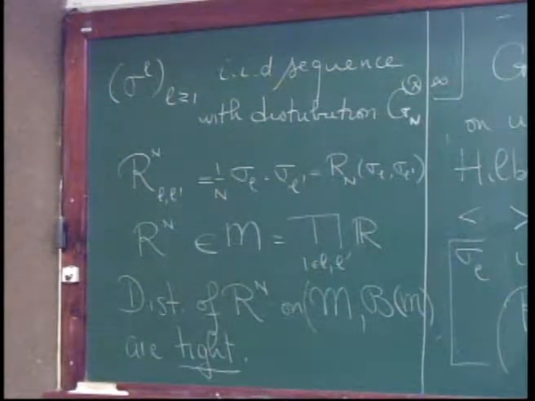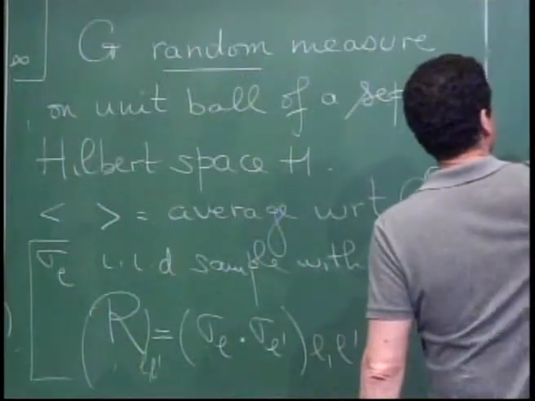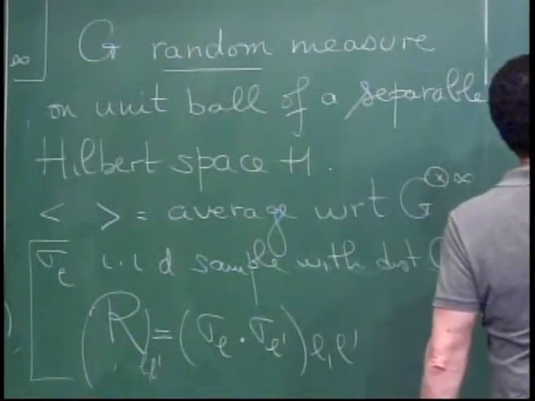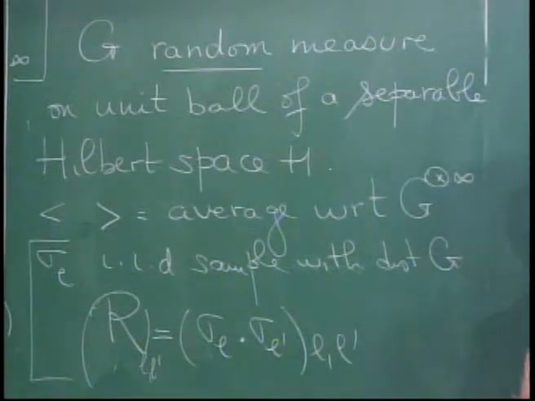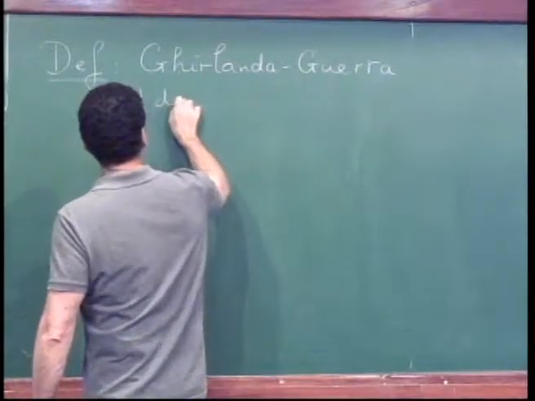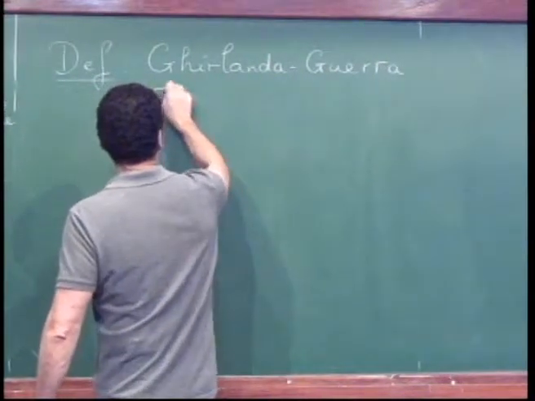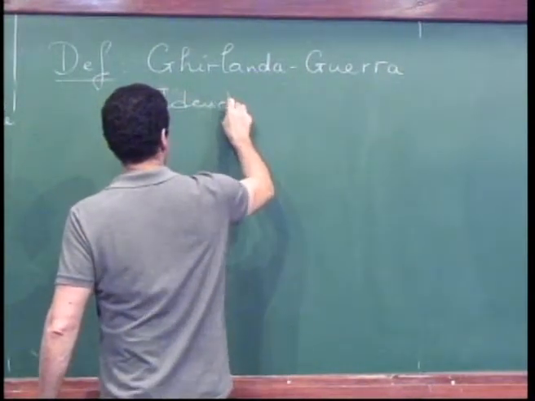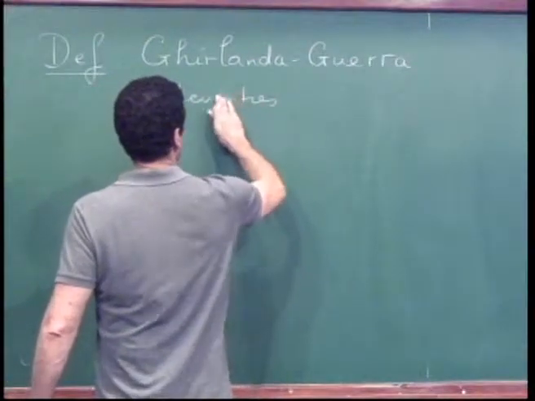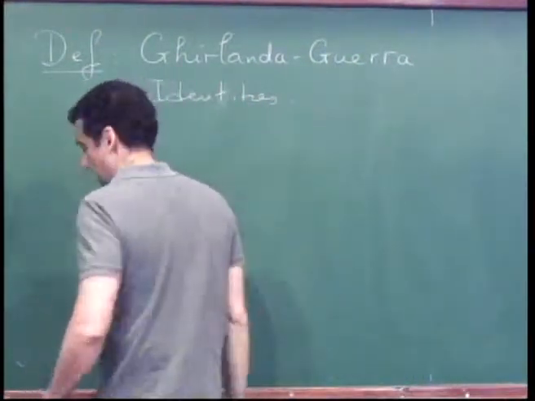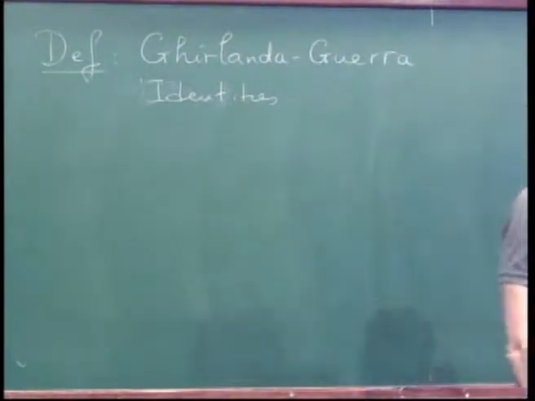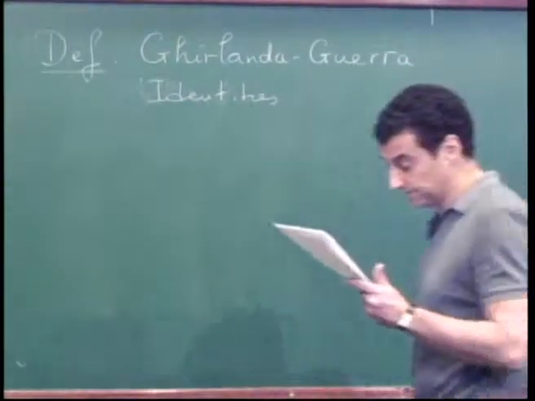All right, so let me define the very important property, which is the Ghirlanda-Guerra identities. We say that this random measure satisfies the Ghirlanda-Guerra identities if the following is true.